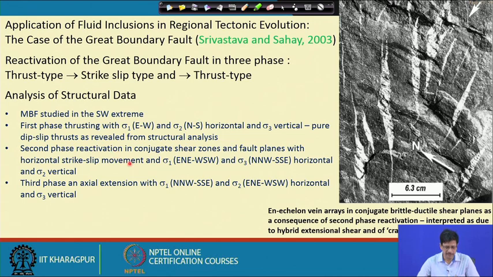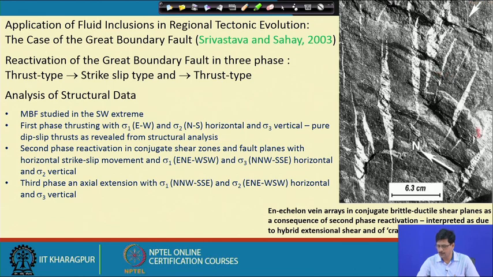The second phase of reactivation was in conjugate shear zones and fault planes with horizontal strike slip movement. Here sigma 3 is horizontal and sigma 2 is vertical, and it was followed by the third phase of axial extension.